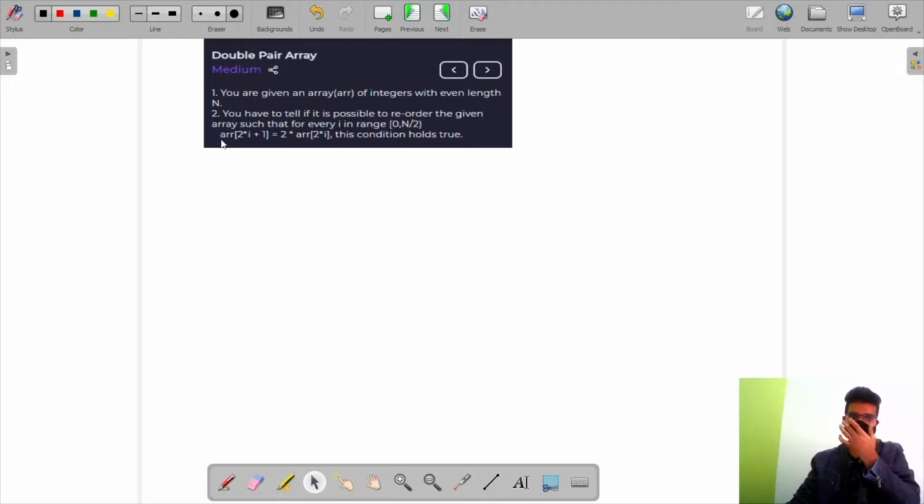So let's understand. Here our condition is array of 2 into i plus 1 should be equal to 2 into array of 2 into i. Here, what is i? i represents your index. So let's see for i is equal to 0.